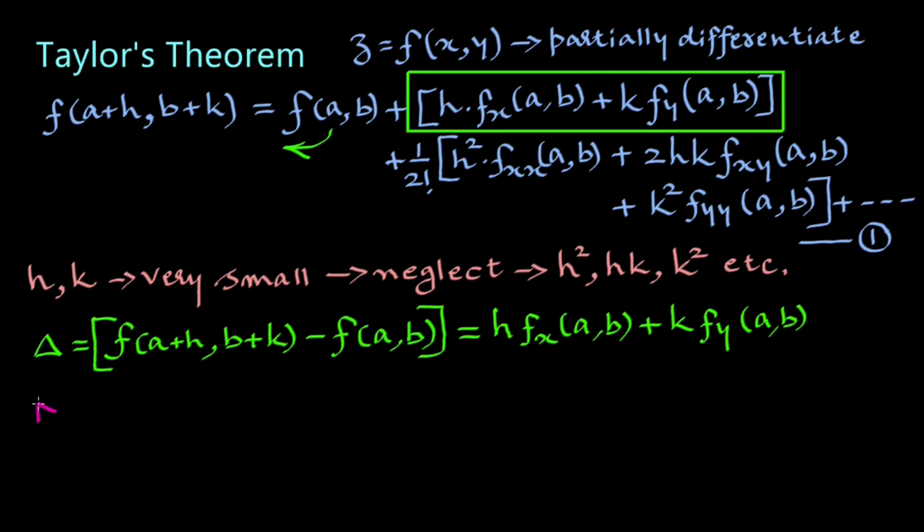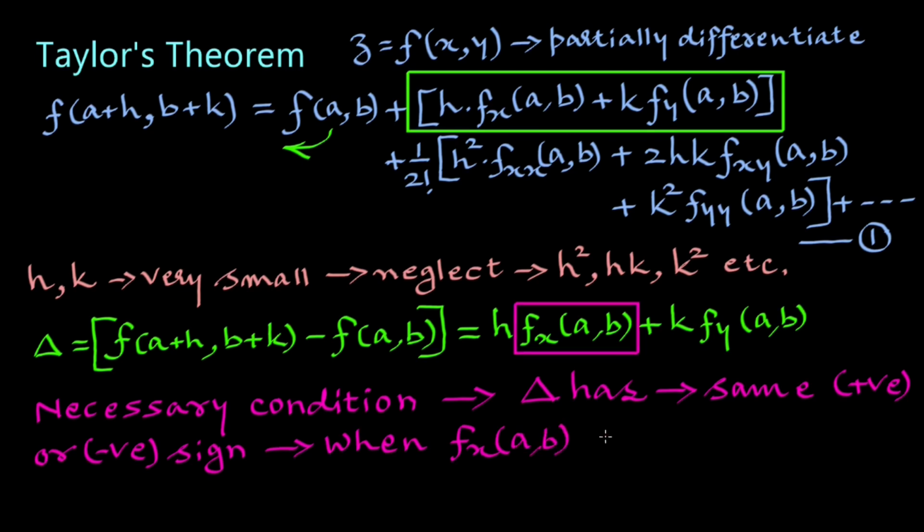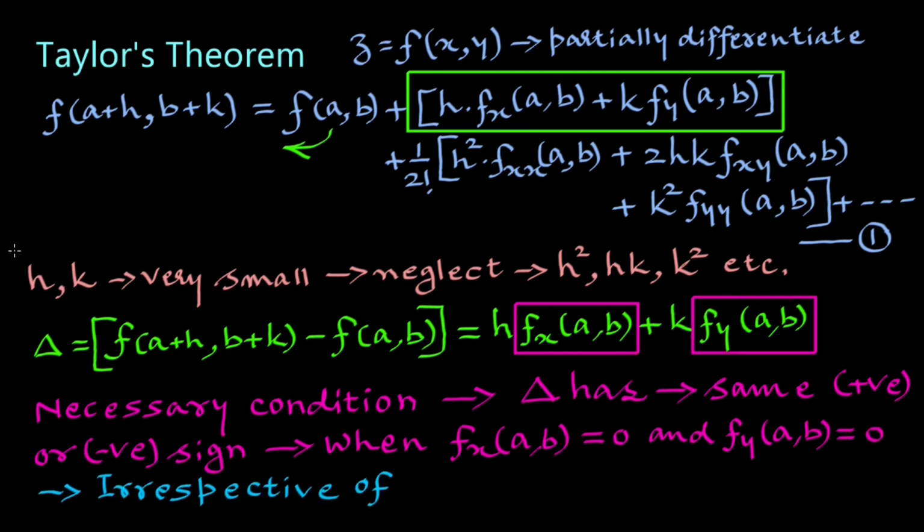The necessary condition that delta has the same positive or negative sign is when fx(a,b) equals 0 and fy(a,b) equals 0, irrespective of h and k taking both positive and negative values.